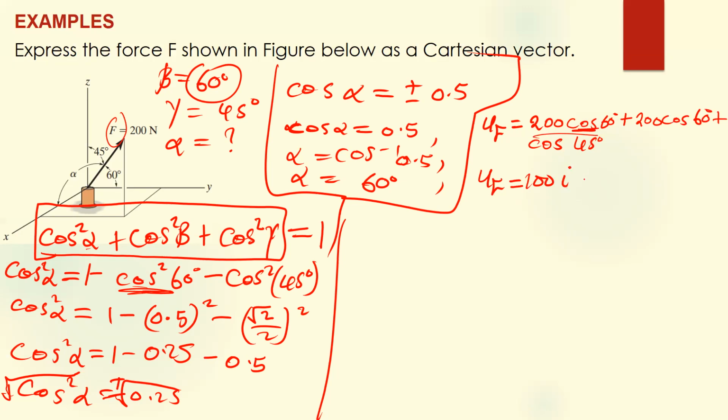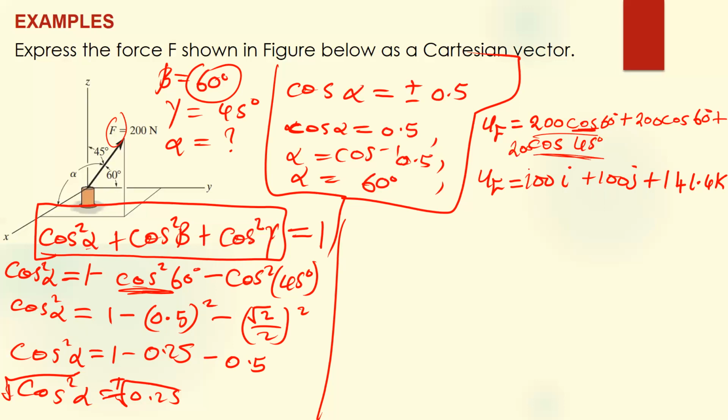So you put I, and then the second part will also give you 100 J. And then for this one, we say cos 45 times 200, which gives us 141. So we have positive 141.4 K.